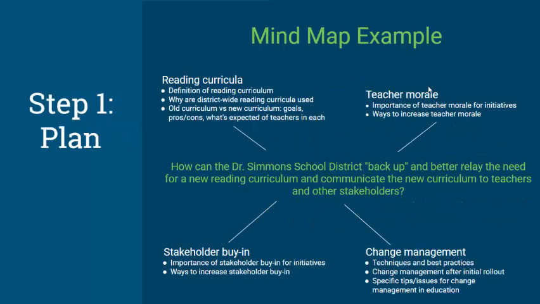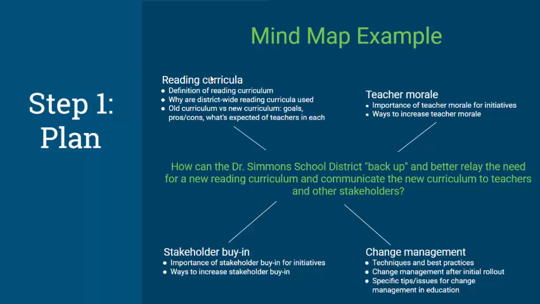So here's an example of a mind map that's based off of this reading curriculum scenario. So in the middle here, I've got the research problem and question that I've identified. Okay, how can the school district back up and better relay the need for a new reading curriculum? And then I started to brainstorm, okay, what are the major ideas here? So of course, one major idea is, what even is a reading curriculum?